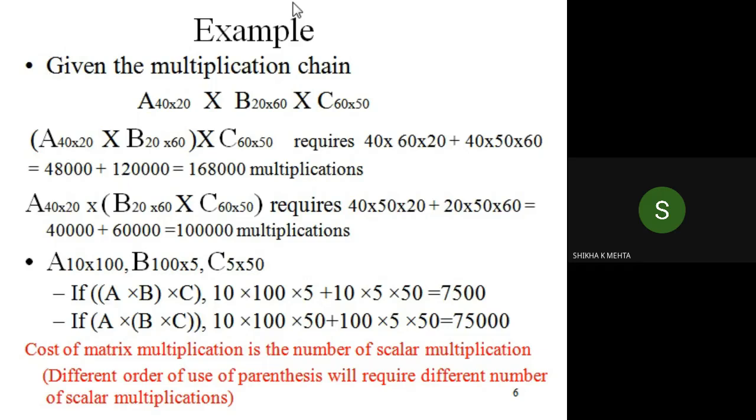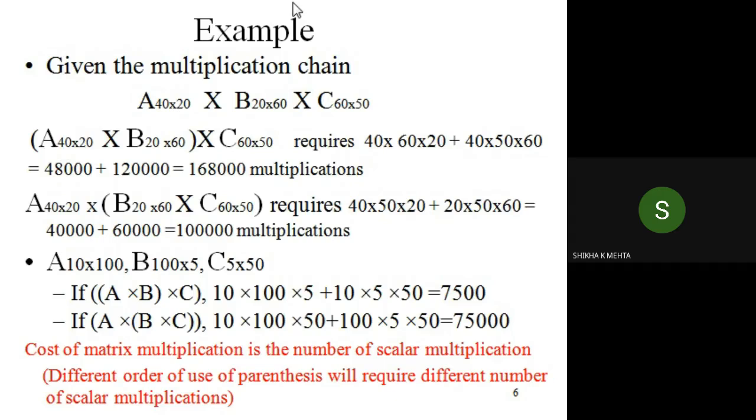From here we can see that one requires 1,68,000 multiplications, and 68,000 multiplications are reduced if we apply the second way of performing the multiplication. So we can see the minimum number of multiplications required.